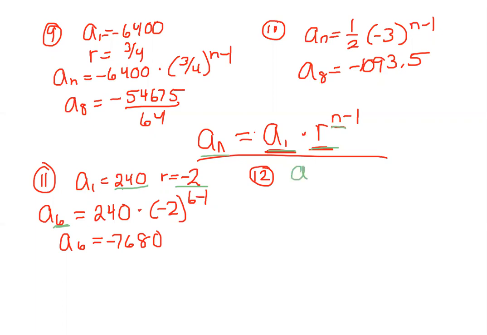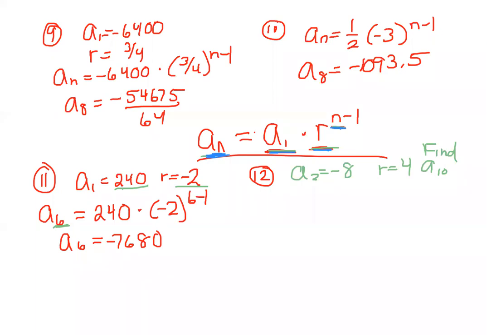If we have A2 equals -8 and R equals 4, and A10 is what we are trying to find. All right, do we know these things? We know an AN, and we know an N, and we know an R, but look, we don't know A1, and we're not looking for A1, we're looking for A10.